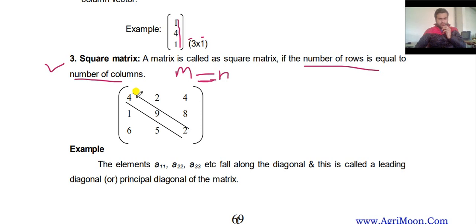So here you can see 1, 2, 3. 3 is the number of rows, multiplied by the number of columns, that is also 1, 2 and 3.